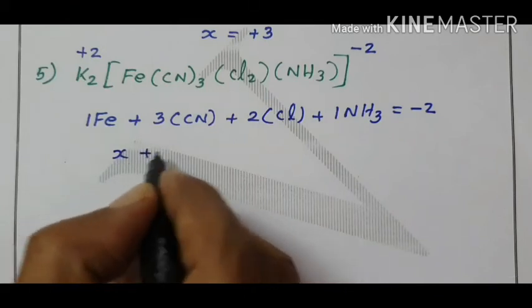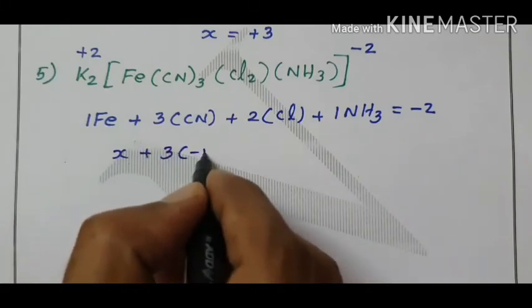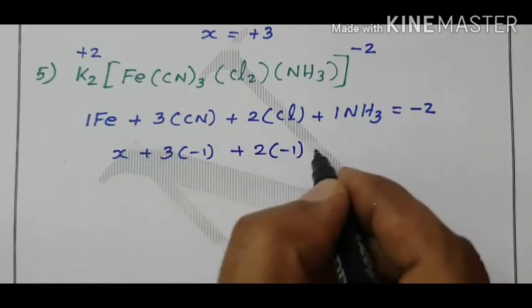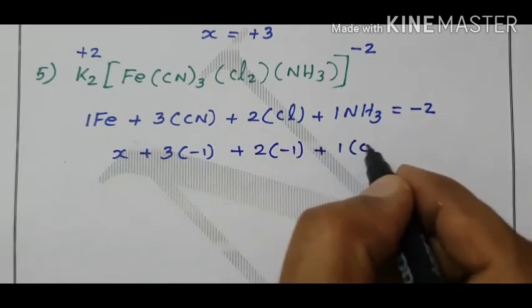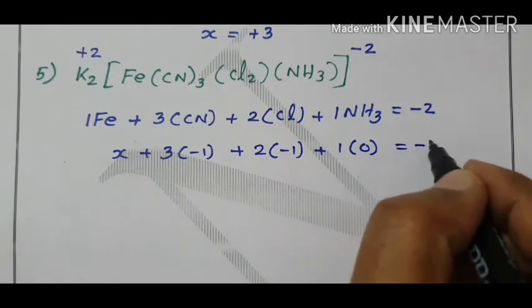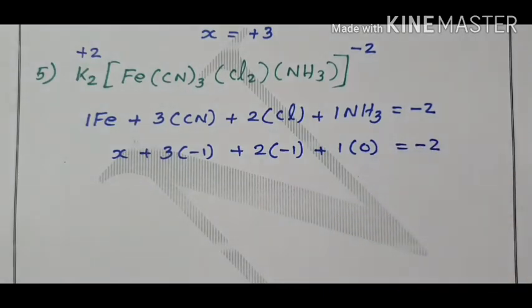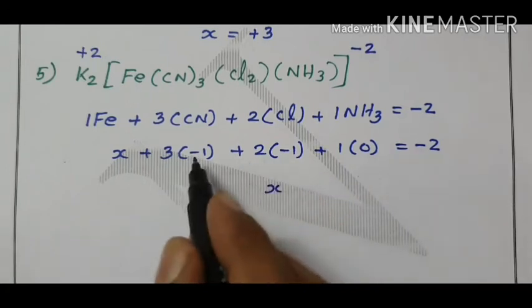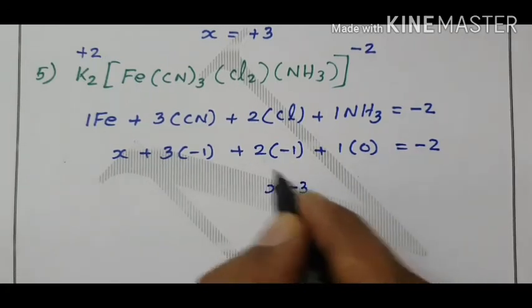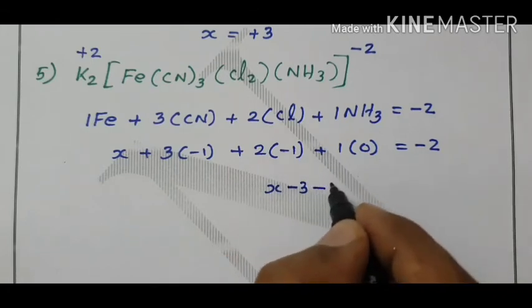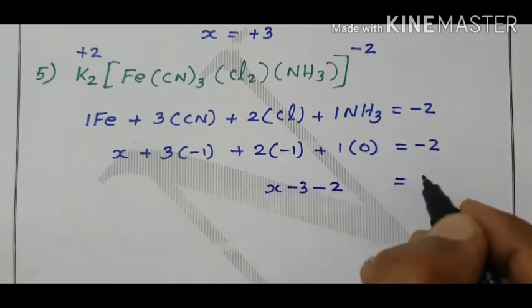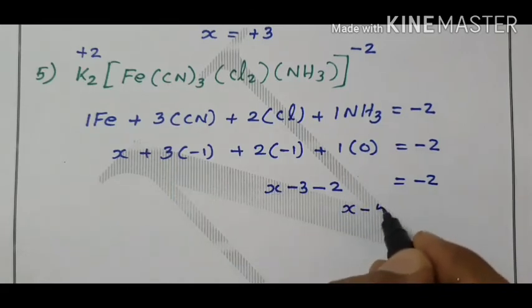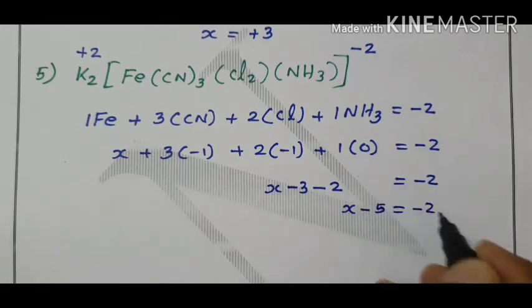X plus 3 into minus 1 plus 2 into minus 1 plus 1 into 0 equal to minus 2. Now, 3 into minus 1 equal to minus 3, 2 into minus 1 equal to minus 2, 1 into 0 equal to 0. X minus 5 equal to minus 2.